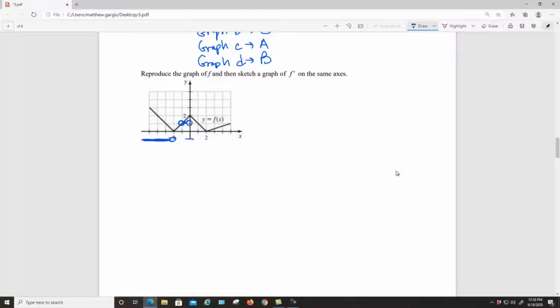So really just that. And then from 0 to 2, the slope would be down 1 over 1, so the slope would be -1. So now we would go back to here, from here to here.